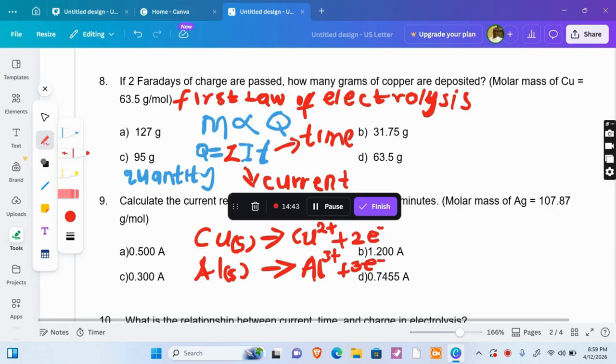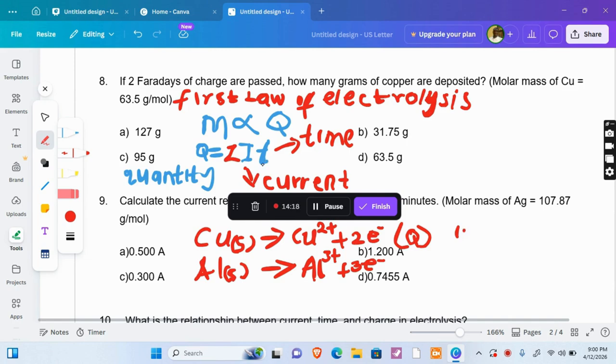Write the half equation like this. Then you know that, on a general note, the mass of copper is actually equal to 2 electrons. I want you to know that these 2 electrons are the quantity of electricity. These 2 electrons are the Q, quantity of what? Electricity, and it is measured in farads.